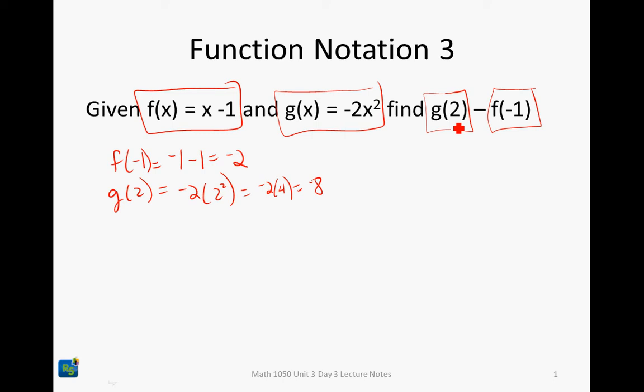And the last thing I was asked to find was g at 2, whose value is negative 8, minus the value of f at negative 1, whose value was negative 2. So negative 8 plus a positive 2 is a negative 6. I have found g of 2 minus f at negative 1.